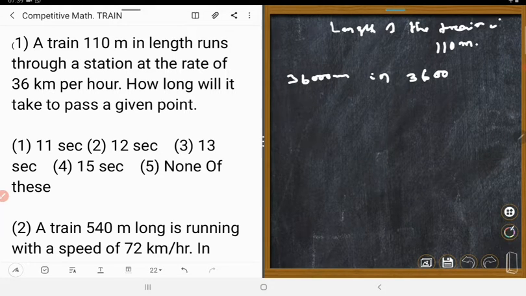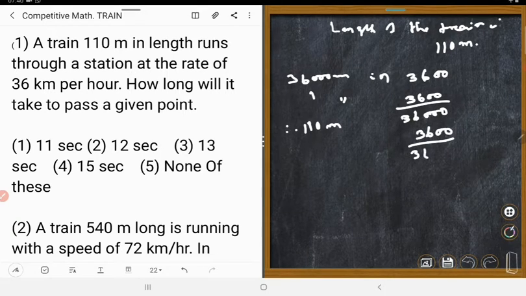So 1 meter will be passed in 3600 upon 36,000. Therefore, 110 meter will be passed in 3600 upon 36,000 into 110.